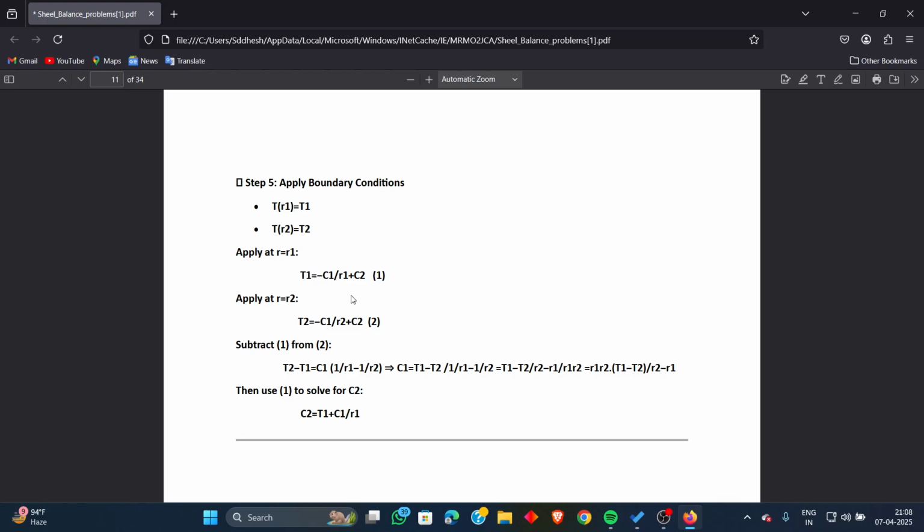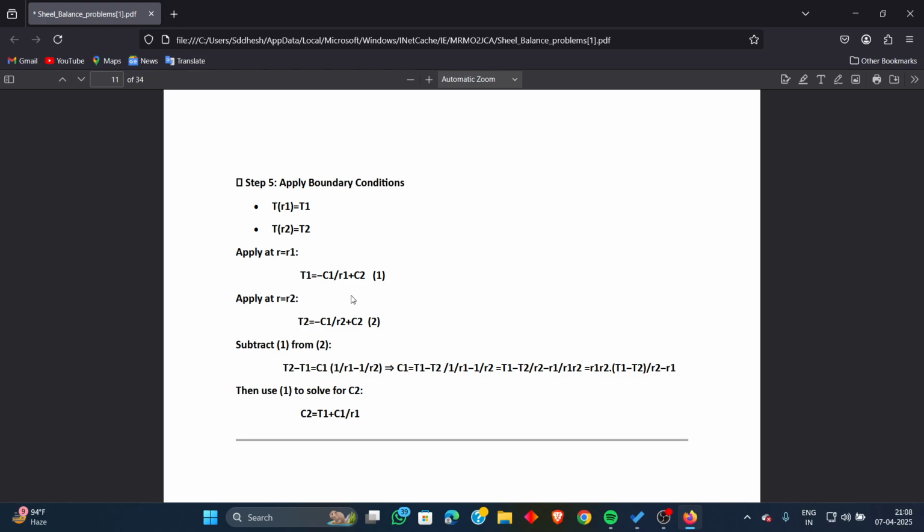Subtracting 1 from 2, T2 minus T1 is equal to C1 times (1 upon R1 minus 1 upon R2). This gives C1 is equal to (T1 minus T2) upon (1 upon R1 minus 1 upon R2), which is (T1 minus T2) times R1 R2 upon (R2 minus R1).